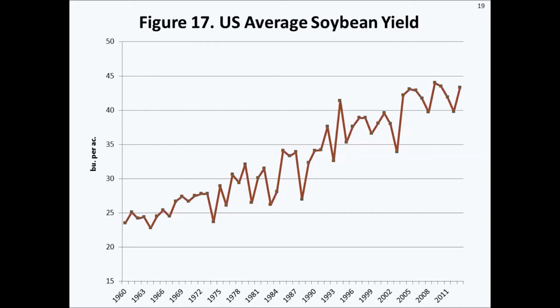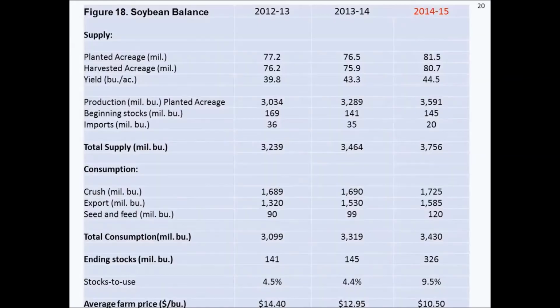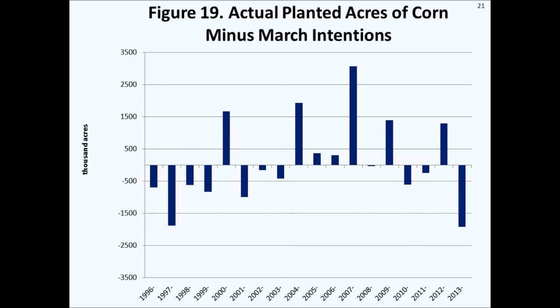between planted and harvested. And then like corn, the question is what kind of yield should we expect on soybeans? Falling back onto a trend analysis, using actual yields and then conditioning those on weather in each of the growing seasons, we would calculate trend yield for 2014 at about 44.5 bushels per acre.